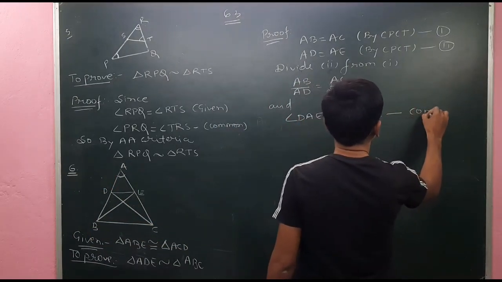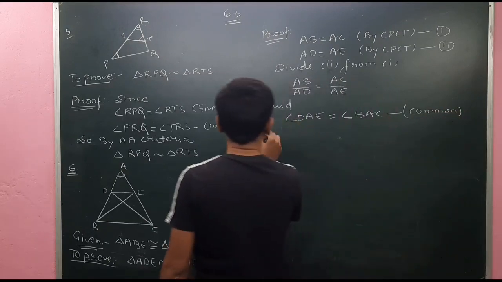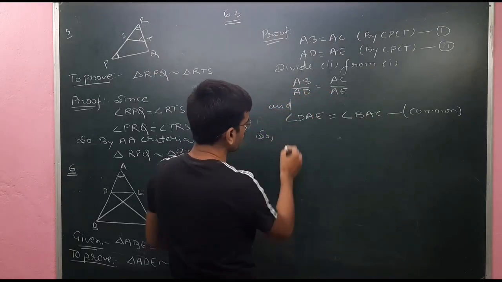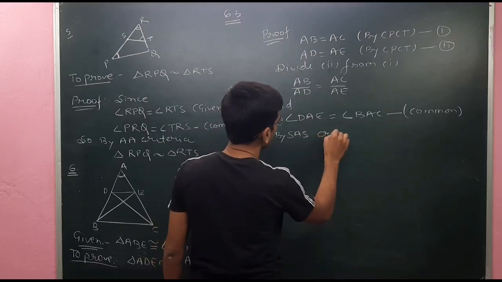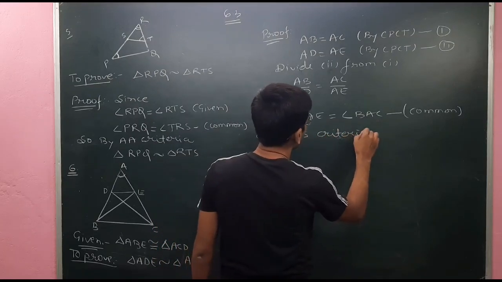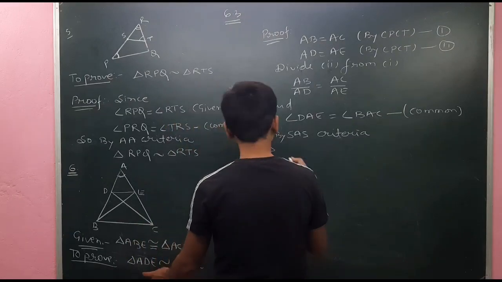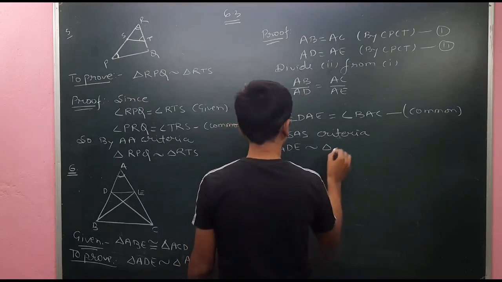This angle is common. So by side angle criteria, triangle ADE is similar to triangle ABC.